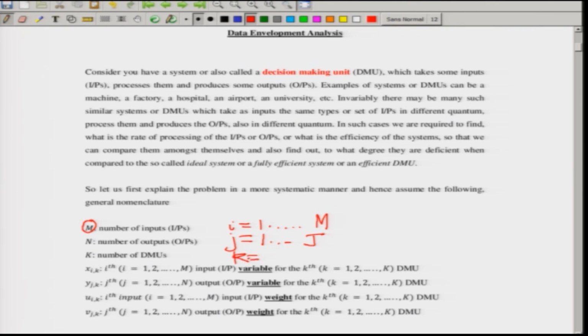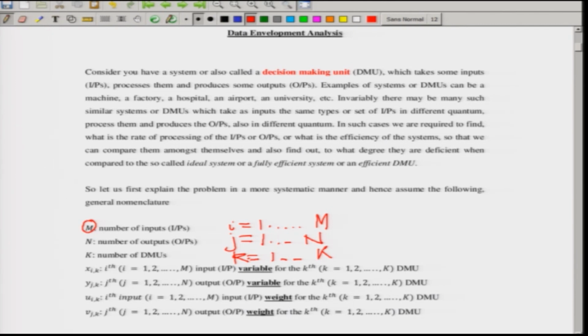It will go from 1 to capital K. Capital M, capital N and capital K need not be equal; obviously M and N need not be equal also.